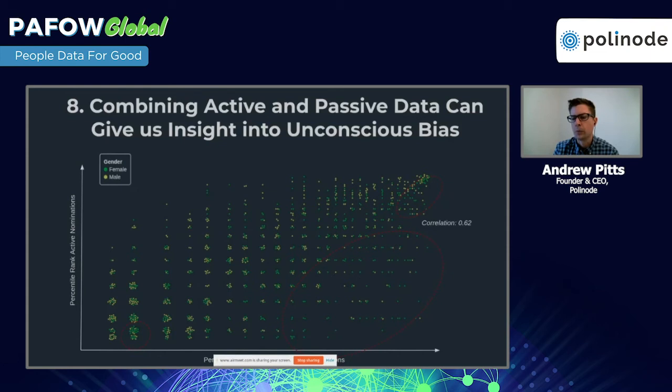We can also ask whether this is different at different levels in our organization. Basically, females on average tend to be higher on that objective measure than when we ask people for their nominations. And that's a really interesting insight into unconscious bias as well.